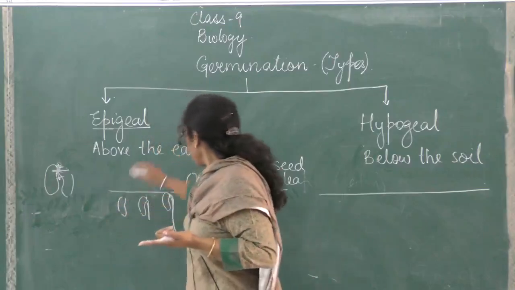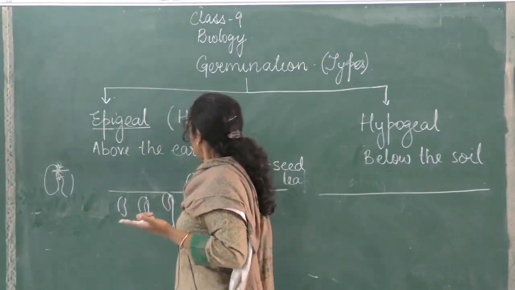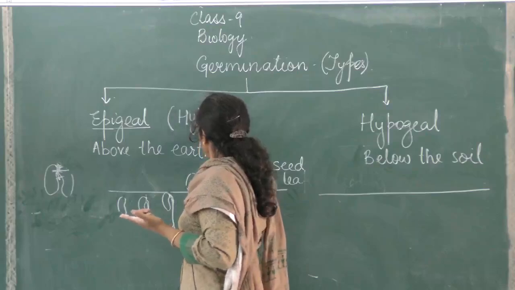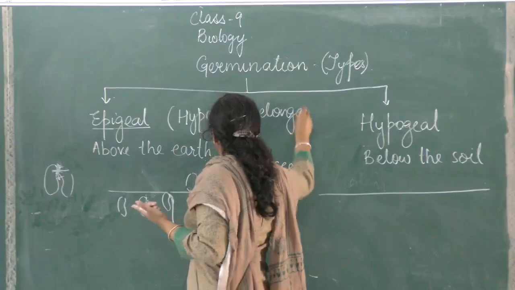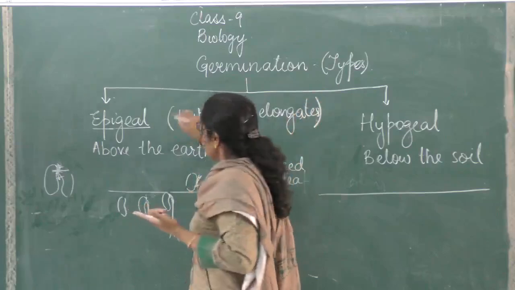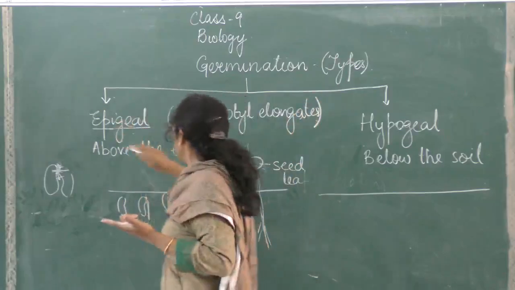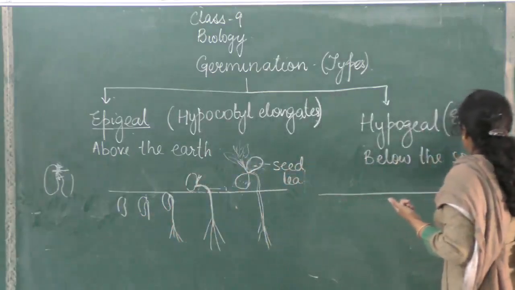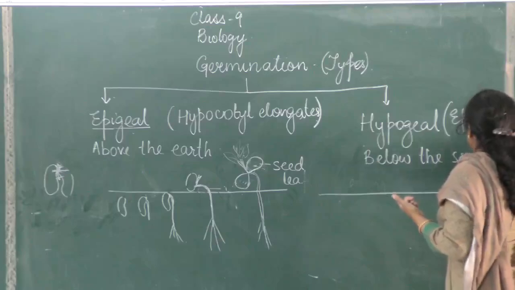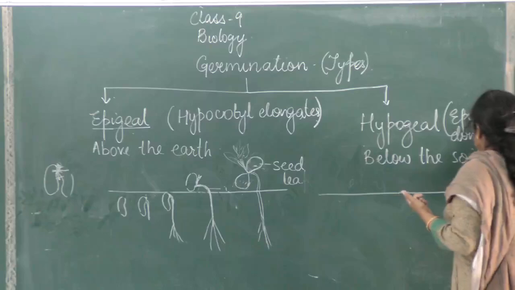In the earlier case, we have seen the hypocotyle elongates. That is why the seed comes above the ground. Is it clear? And in this case, we will see the epicotyle elongates. Is it clear?